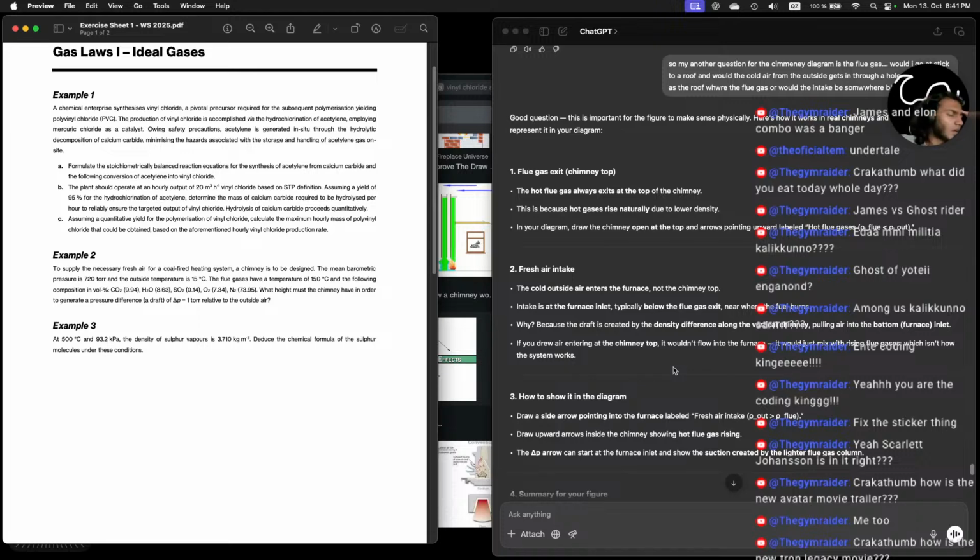I'm still thinking how can I show the pressure in the chimney in the diagram? Where do these pressure values stay?